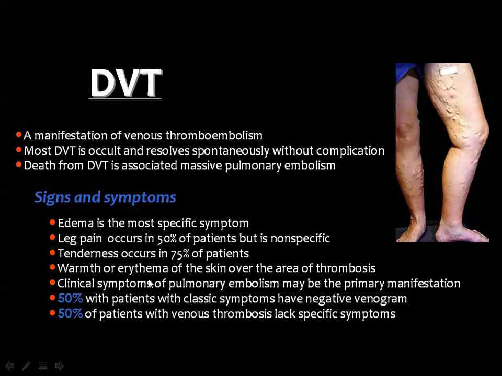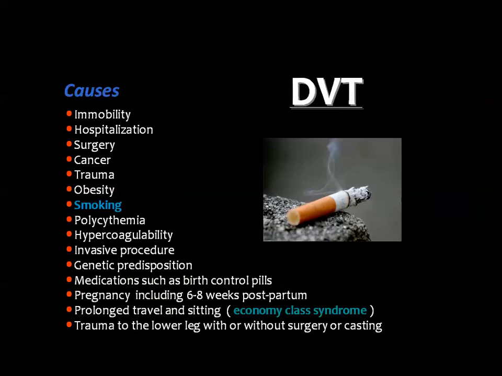Tenderness, warmth, and erythema of the skin over the area of thrombosis, and may also have the clinical symptoms of pulmonary embolism, like the presence of chest pain and hemoptysis. 50% of patients with classic symptoms have negative venogram, and 50% of patients with venous thrombosis lack specific symptoms, meaning that in many cases whenever there is a suspicion, then you should go for imaging.